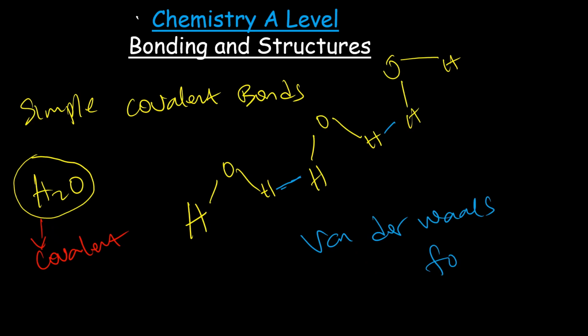It's a very weak force, and the bond can be easily broken. So that is what simple covalent bond is all about. An example can be found also in CO2 as well.